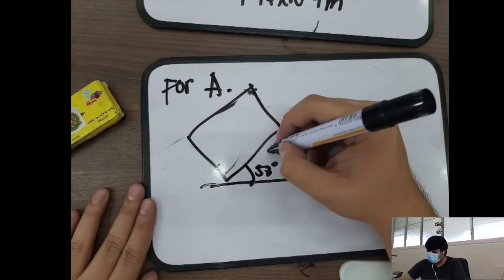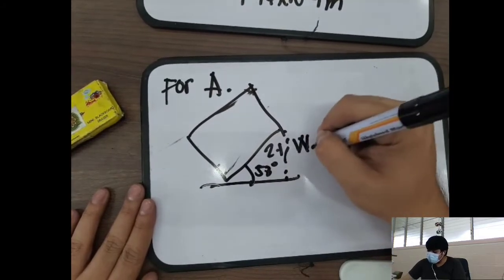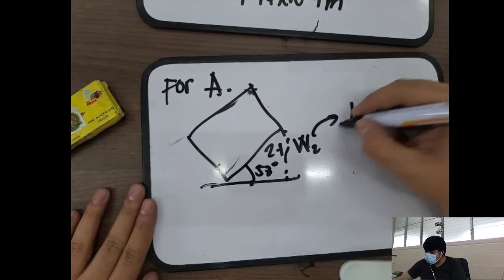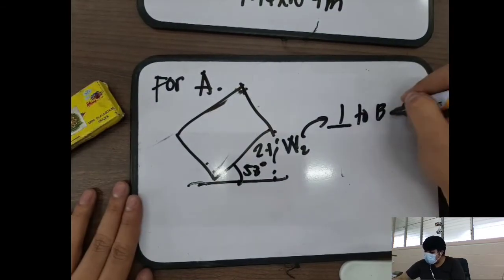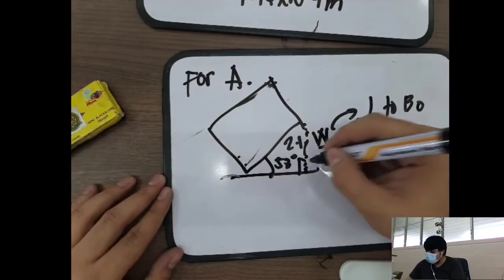So this is 2.1, and this W2 is the one that is perpendicular to the applied magnetic field, so we need to get this one. Based on our trigonometric functions, this is a right angle.